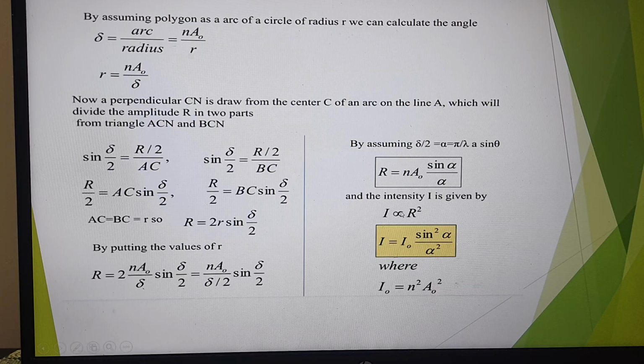I is directly proportional to R squared. Then we can write I equals I naught sin square alpha by alpha square, where I naught is N square a naught square.